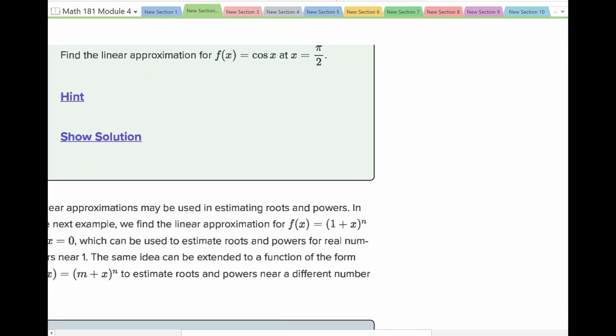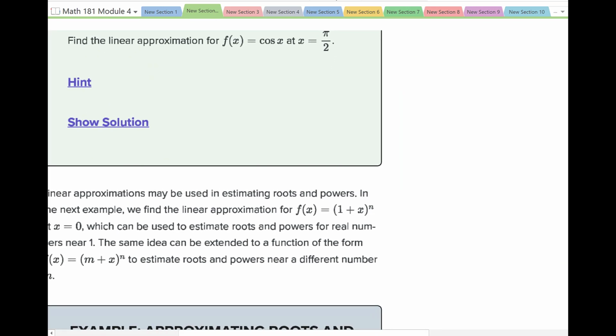So now we're going to find the linear approximation for f of x equals cosine of x. So again, our f of x is a cosine of x, which means our f prime of x is negative sine x. And in this case, we don't have a specific value. We just want the formula that we could plug things in if we're near pi over 2.